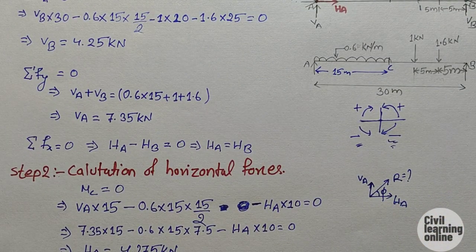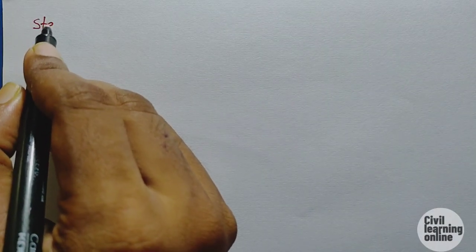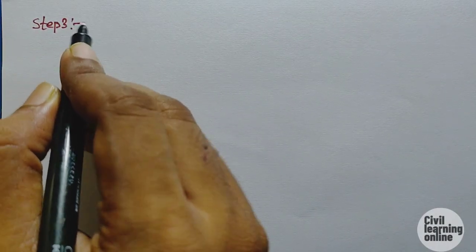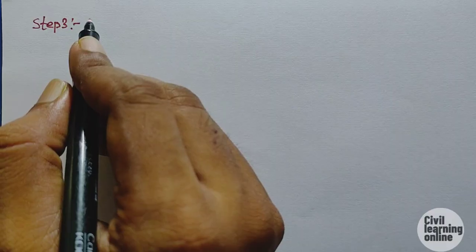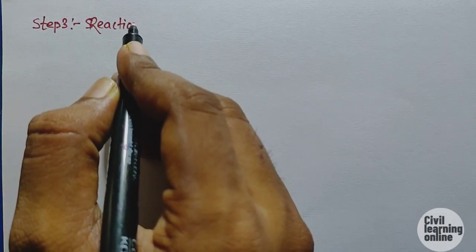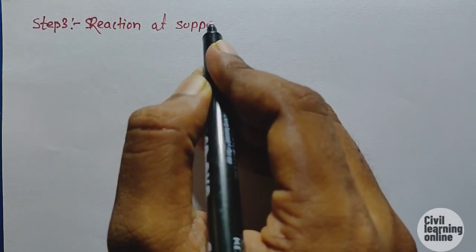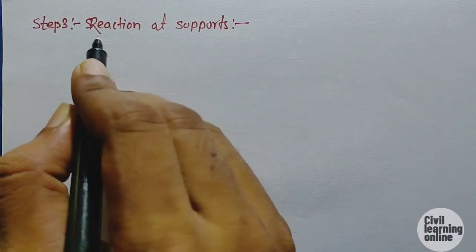So let us move toward step 3, which will be the final step of this numerical. Let us write it down, step 3, and here we will be calculating the reaction at supports.